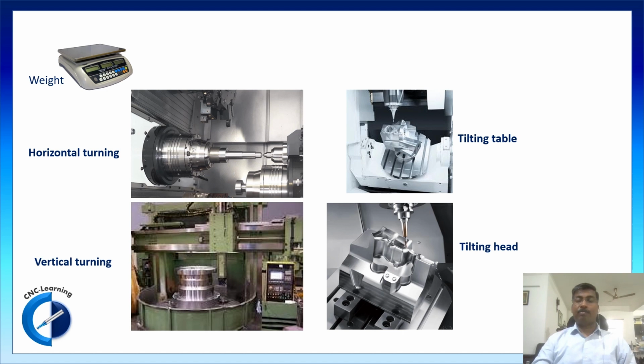So in case of tilting head, only the head tilts and the table is stationary. There is no rotary on the table. And in case of tilting table, the table will tilt and the table should have the capability to handle the weight of the component.